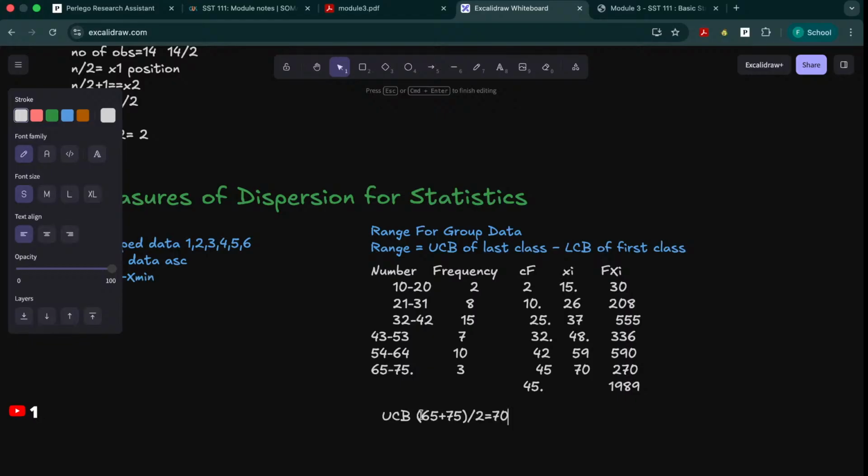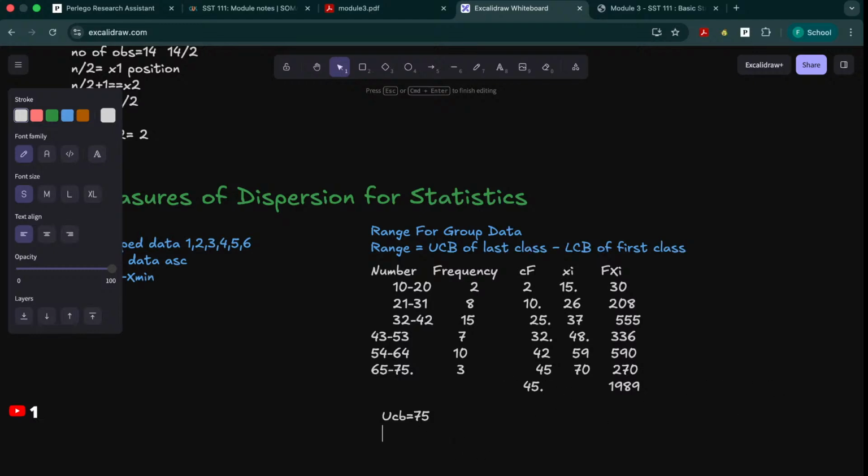Now this is the midpoint, but we want the upper class boundary. So the last number from here is 75, so we pick 75. This is not the method; we pick UCB equals 75 directly.